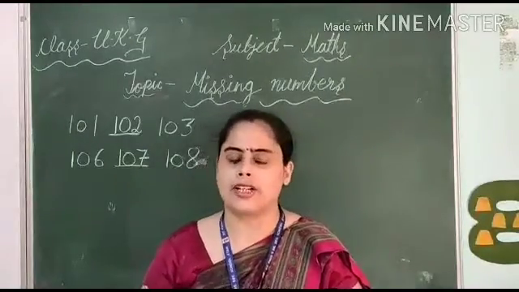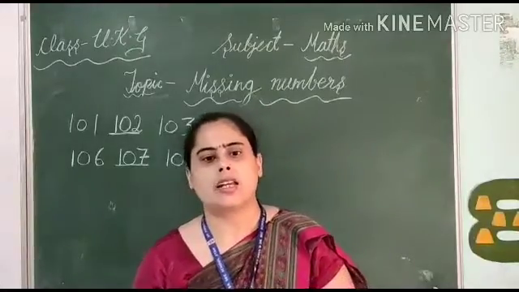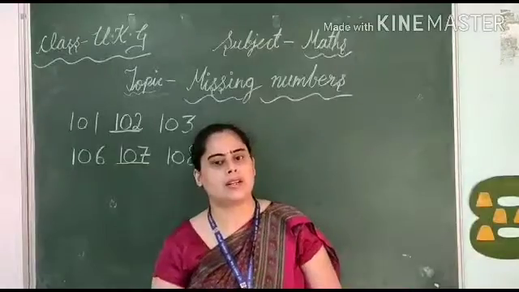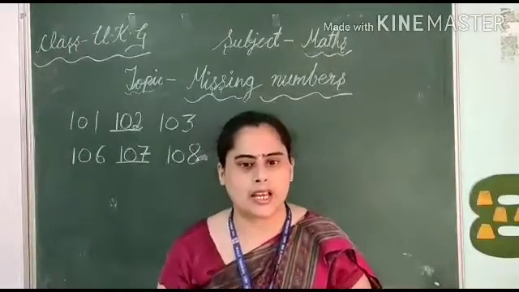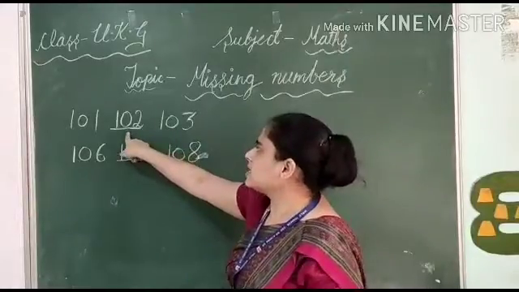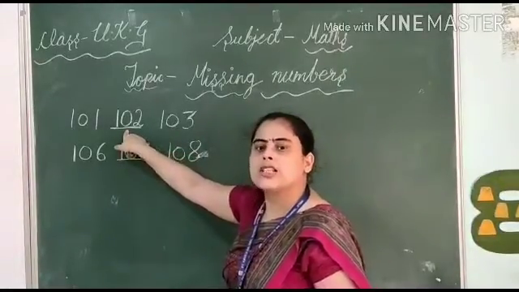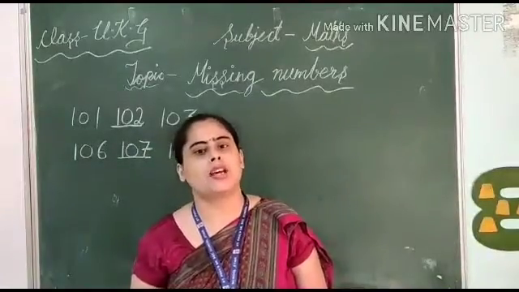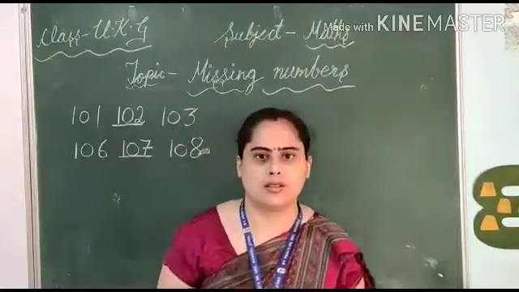This upward counting is in ascending order. In other words, we could say from smaller to bigger. So what is missing between 100 and 103? It is 101 and 102. Likewise, you can do the missing numbers. Okay.